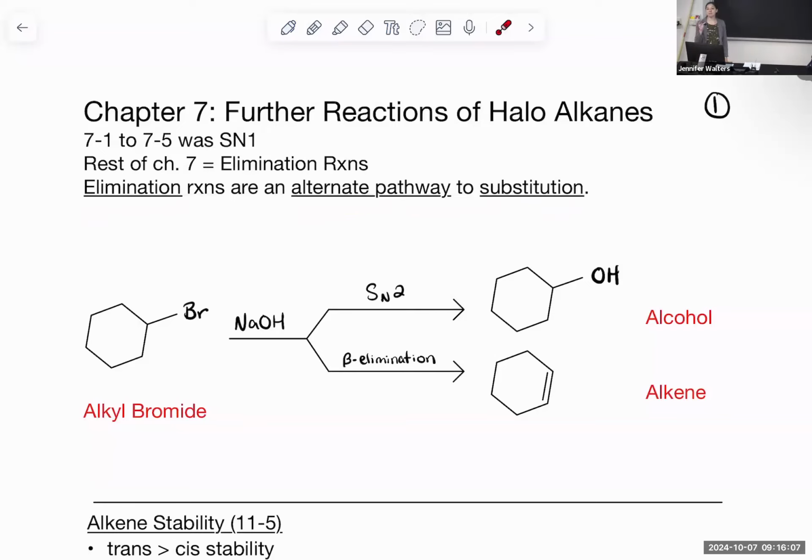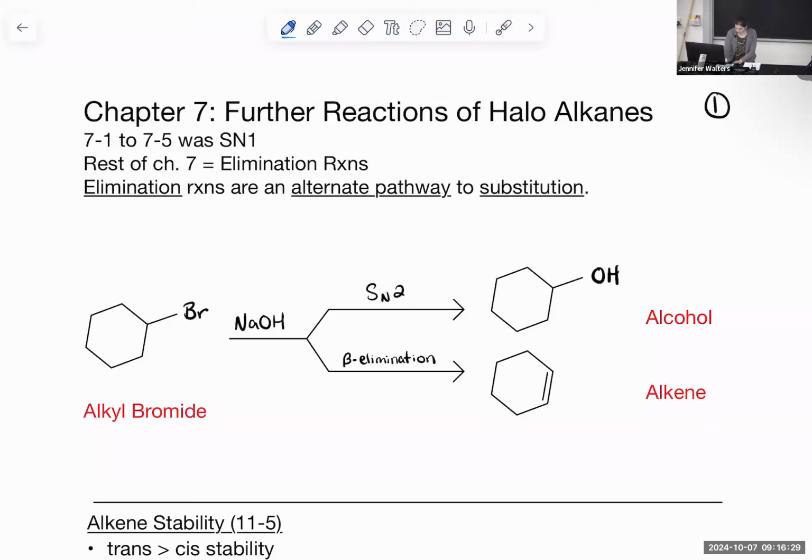Our elimination reactions are the alternate pathway to substitution. They are in competition. So when we look at our alkyl bromide or haloalkane with sodium hydroxide, we can do an SN2 reaction and end up with an alcohol. So we can do substitution, where you go from one functional group to another, and that is one reaction pathway.